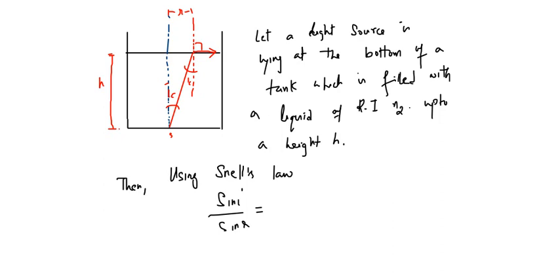If this is N1, this is N2, the ray is traveling into N1, so it should be N1 by N2. Or implies sin IC equals 1 by N2. Why? Because N1 is 1 and R is 90 degree. That's it.